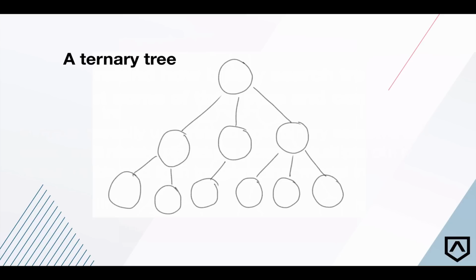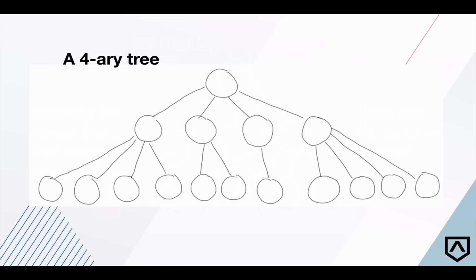Likewise, we might have a ternary tree where a single node can point to at most three nodes, a four-ary tree, which might have a name, but I'm not really sure. But in this case, a single node can point to at most four other nodes, and so on and so forth. And you can probably imagine where this trend continues.